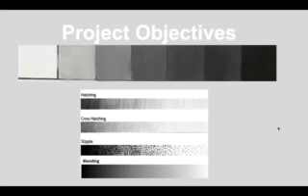Project objectives. Let's refresh our memory about the project instructions. Number one, most important, was to capture contrast in pencil and paper. That was our high level concept that we were trying to get across: contrast.